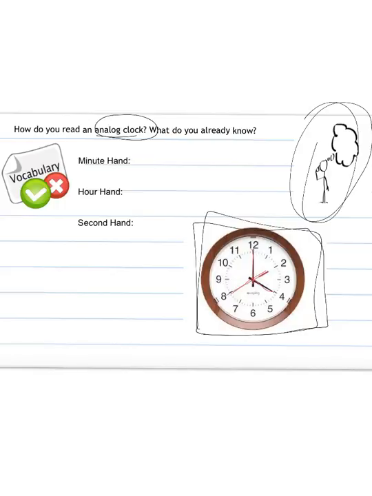There's the shorter one, and then there's the red hand as well. The minute hand is going to be the longer hand, and we use the word hand when we're talking about clocks. The hour hand is the smaller one. Okay. And then the second hand is usually the red one.